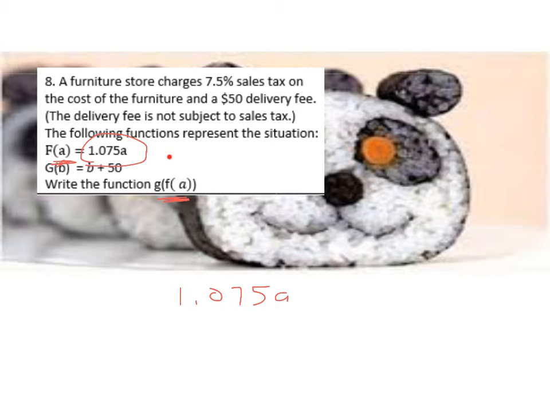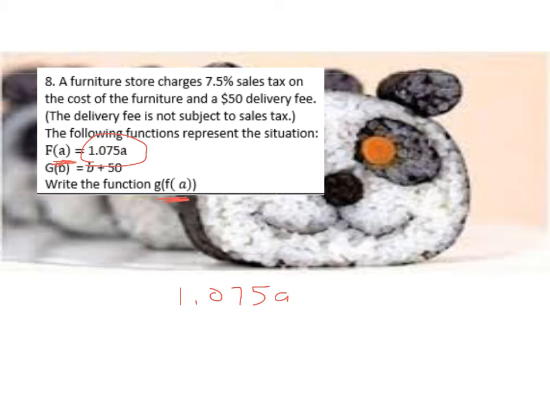Alright, so that's the innermost layer. Now we need to go to the outermost layer. And what is G of B? Well, since we're using B now, this is going to replace whatever we had for F of A. So it's this 1.075A, plus we also have to add what else is being done to it. So this is where F of A is going to get replaced, and here's just the other part.